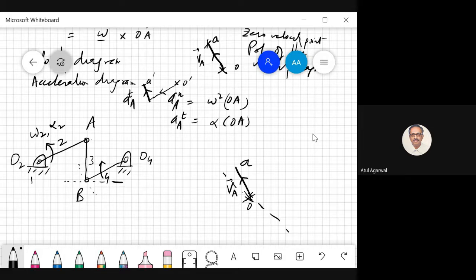But you don't know whether in this direction or this direction. That you don't know. So you have to draw a horizontal line for relative velocity of B with respect to A. You see, this line is joining this point here. So I can call this as B, and this velocity is known as velocity of B with respect to A.